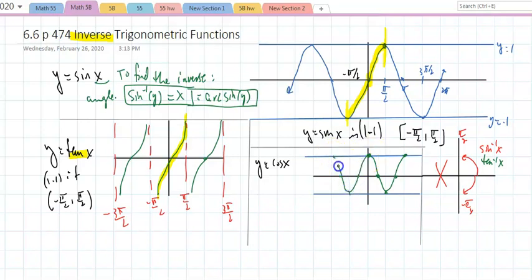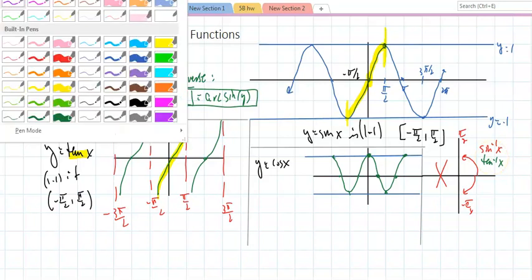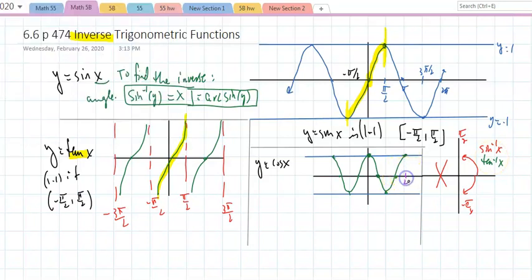If cosine was to match those two, then it wouldn't be as confusing, but it doesn't. This is 2 pi. This is pi. This is pi over 2, negative pi over 2, negative pi.